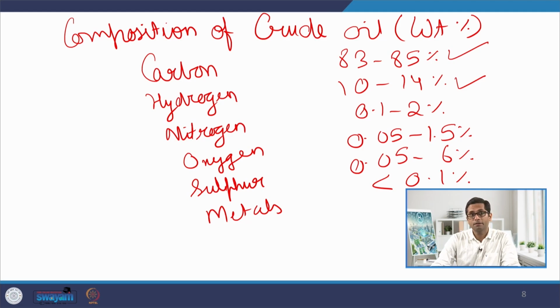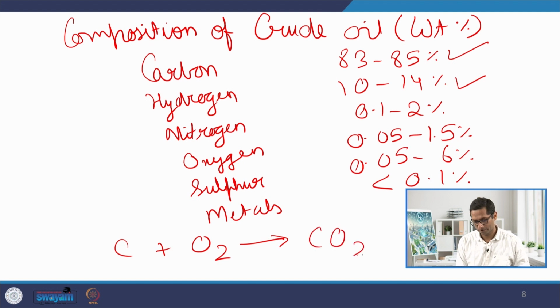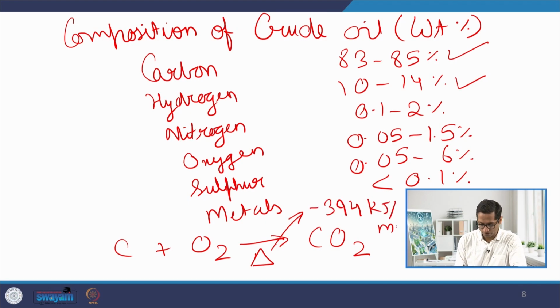So whenever I am using carbon, the equation remains simple: carbon is going to react with O2 and produce a molecule called CO2. And this is an exothermic reaction which is going to produce energy. The amount of this energy that is going to come from the simple reaction is minus 394 kilojoules per mole of CO2.